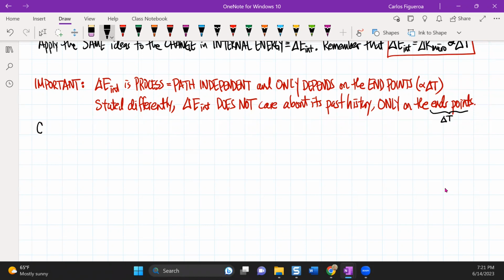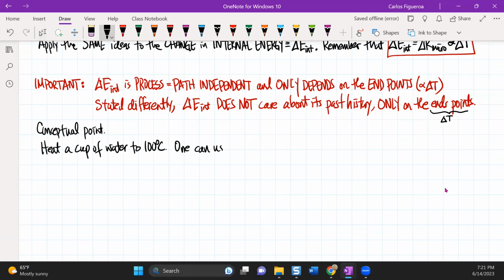So here's what I mean by this. Think about a conceptual point here. I'm going to heat a cup of water to 100 degrees Celsius. One can use either a stove or a microwave oven.